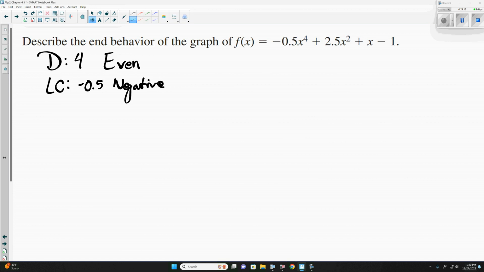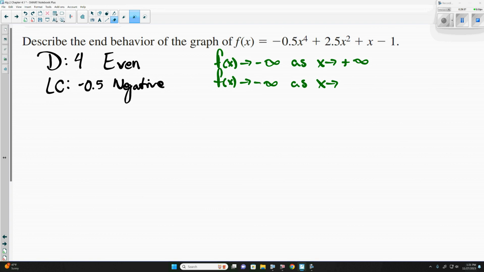So I go over here and look at that, and what it has is that f of x approaches negative infinity as x approaches positive infinity, and f of x approaches negative infinity as x approaches negative infinity. Since the degree is even, they're both going to be going the same direction. F of x approaches negative infinity as x approaches positive infinity, and f of x approaches negative infinity as x approaches negative infinity.